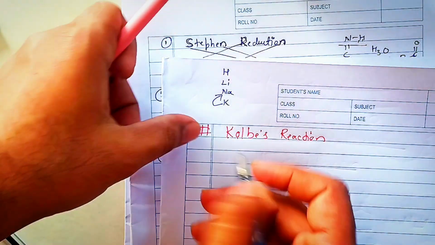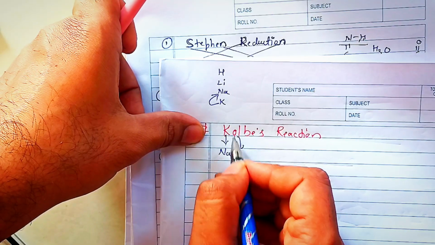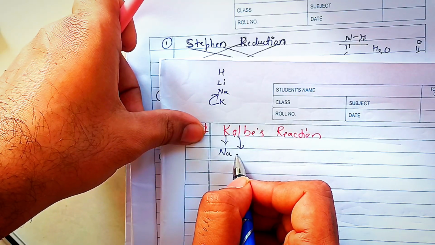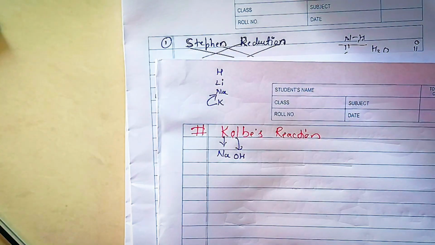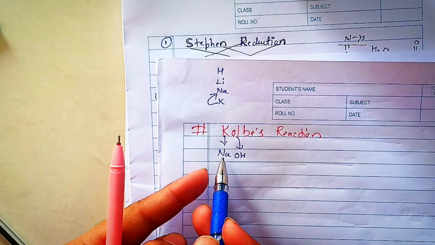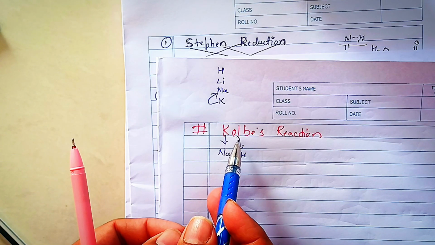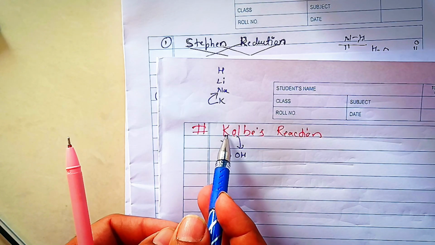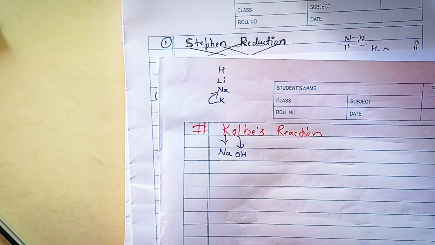So we can make this as sodium and this as OH, alcohol, right? By this we can get the NaOH. The one above the K will be Na, right?